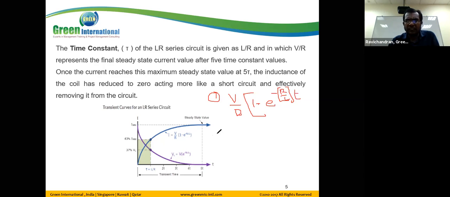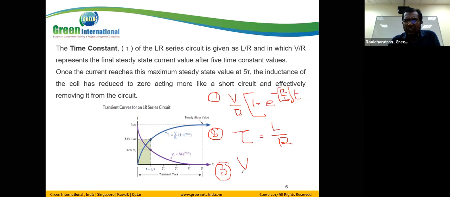This is the first equation. Second, tau is equal to L by R. It's another formula, so we can rewrite equation one.